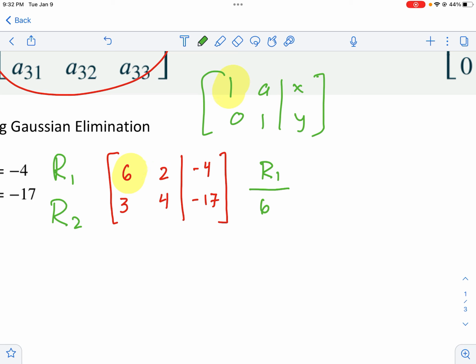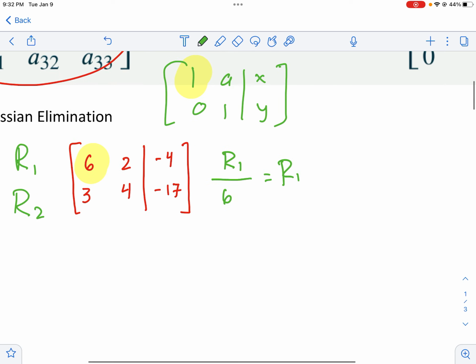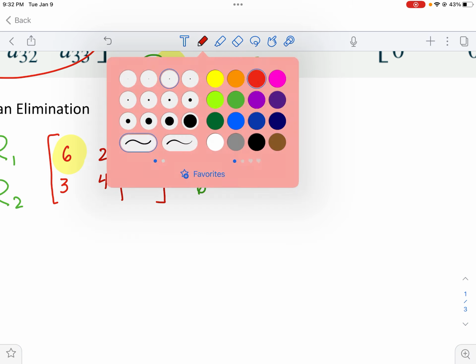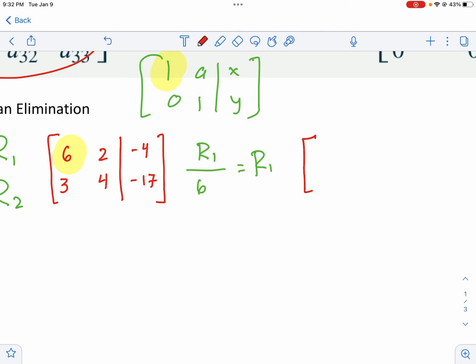And I'm going to leave it on top. I'm going to replace the original R1 with it. So I take R1 and divide it by 6. So my new matrix is 1, 1/3, because 2 divided by 6 is 1/3, and then -4 divided by 6 is -2/3.